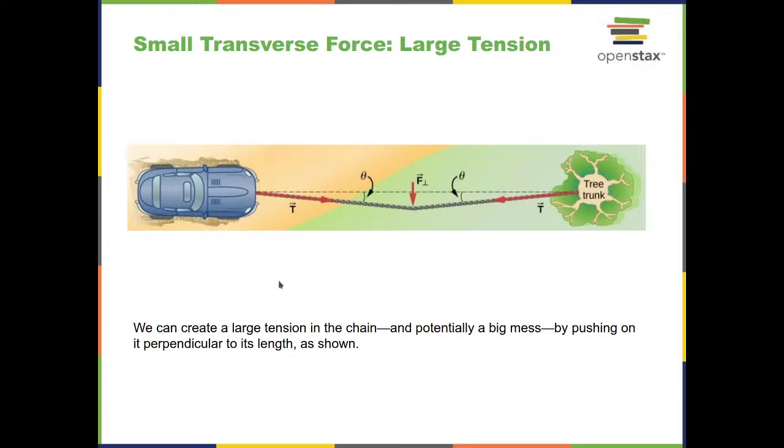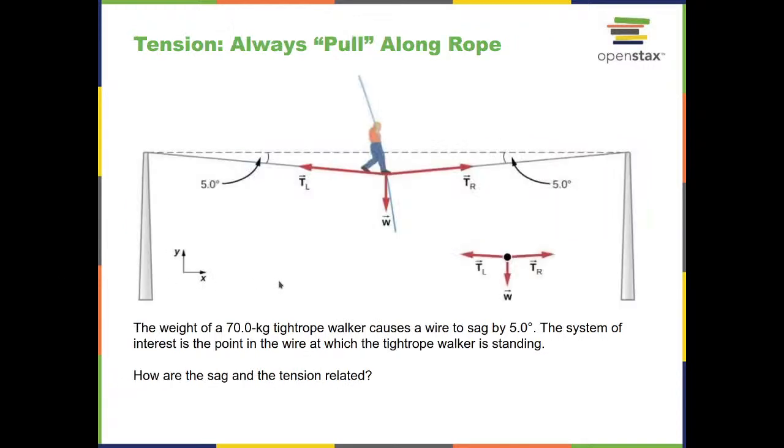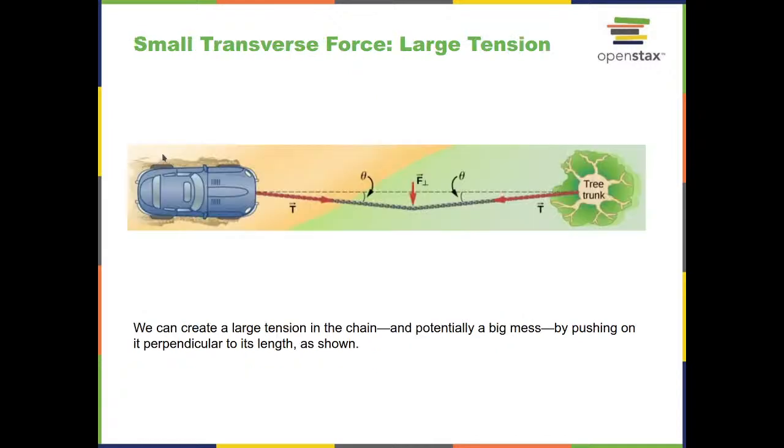Okay, so that's one example of solving problems with free body diagrams, but also an example of how to use tension and how to think about tension. So think about it as always pulling along the direction of the wire or the rope.